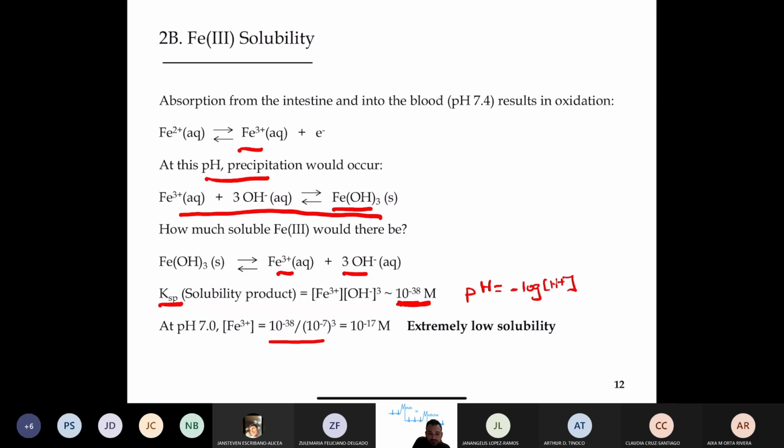So you just have to do a little bit of math manipulation to determine that at here pH of 7.4, doesn't really matter, pH 7, a concentration of soluble iron would be 10 to the negative 17 molar. That is a very, very low solubility. Okay, that essentially wouldn't be too biologically available. Okay, it turns out that iron is much, much more soluble than that concentration.